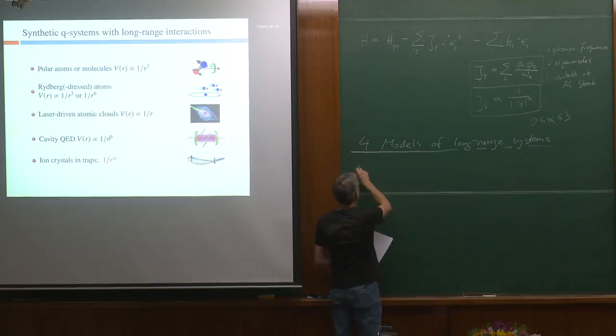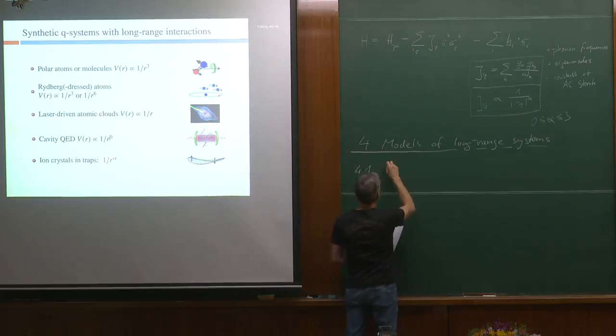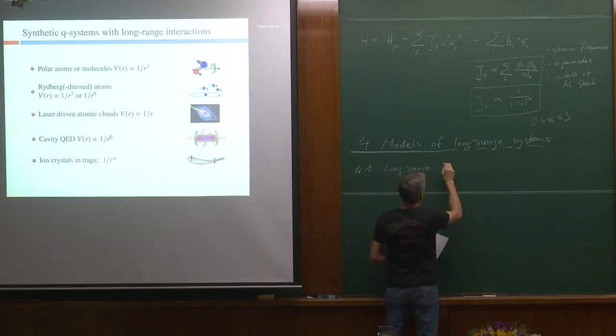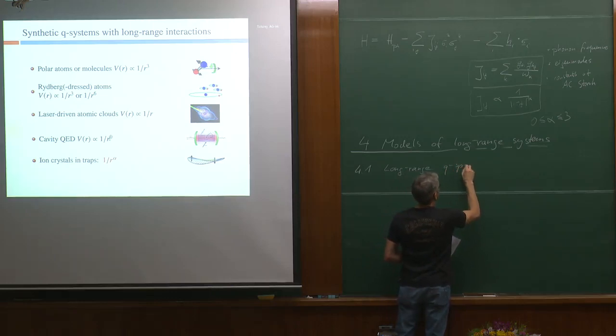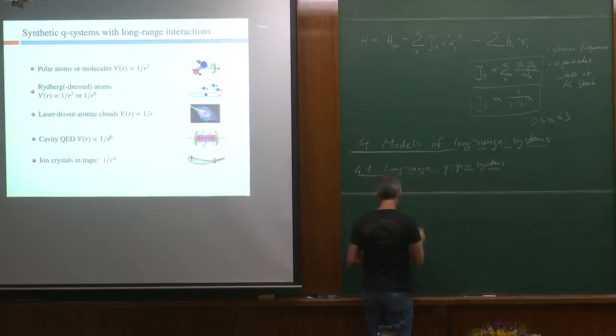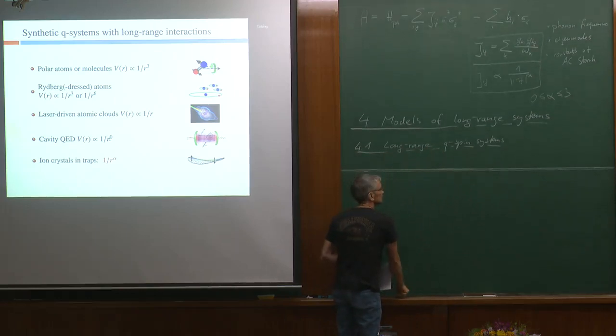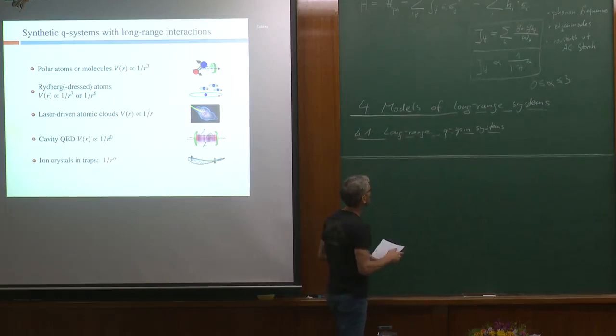And the first class of models will be long-range quantum spin chains, not only the Ising chain, but mostly long-range quantum spin systems. Spin, as I also mentioned before, does not refer to a physical spin necessarily.